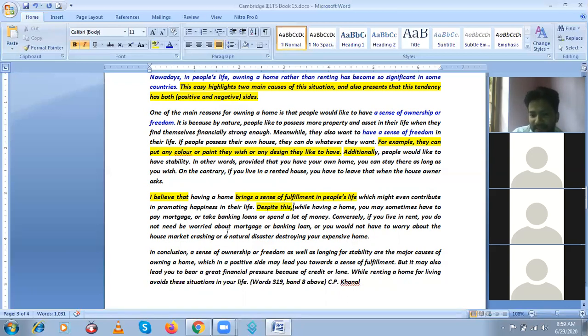On the negative side, sometimes you need to pay a mortgage, or take banking loans, or spend a lot of money while having a home.